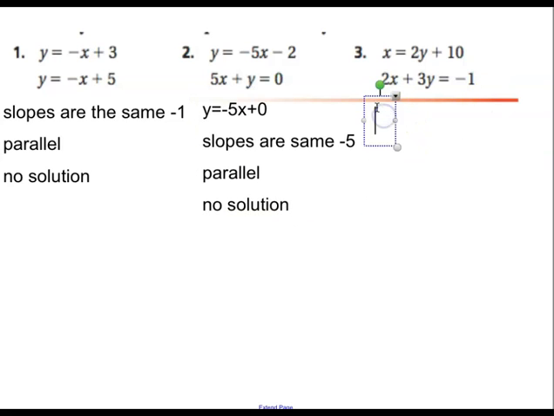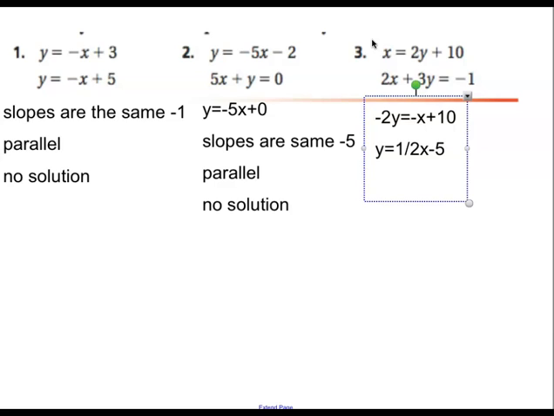The last one, we have to change both just to compare. So if we get negative 2y equals negative x plus 10, we get y equals 1/2 x minus 5, and then the other one would be 3y equals negative 2x minus 1.